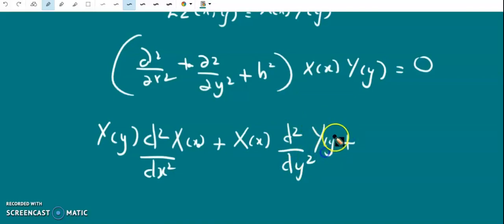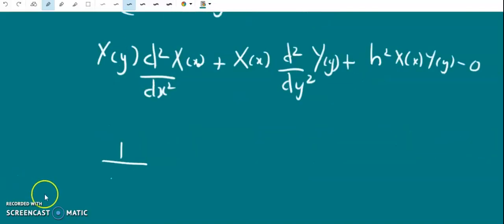So if you need it, you can write the argument also, plus h² X of x Y of y equal to 0.